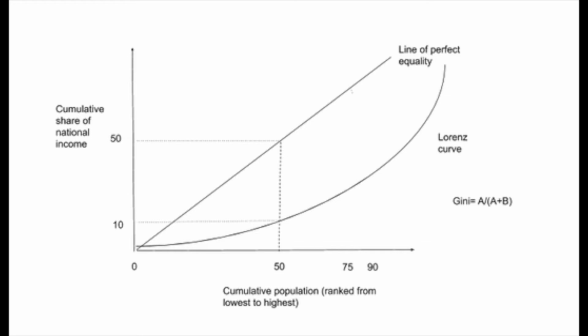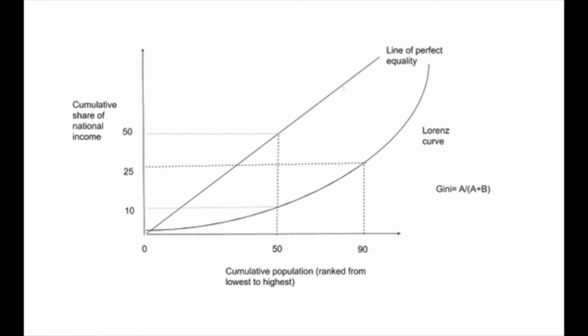This therefore depicts a pretty unequal society. This would similarly mean that the top 50% receives 90% of national income. This graph also implies that the bottom 90% receives 25% of the share of national income, which therefore also implies that the top 10% has 75% share of national income.